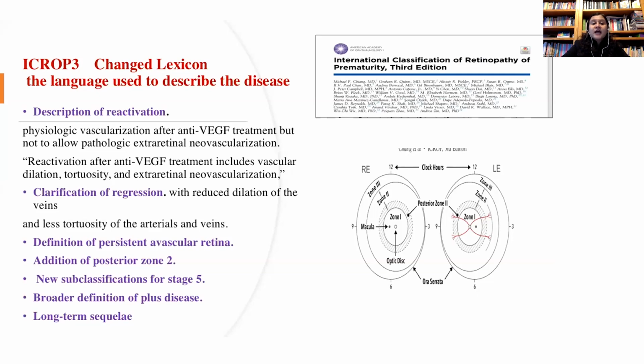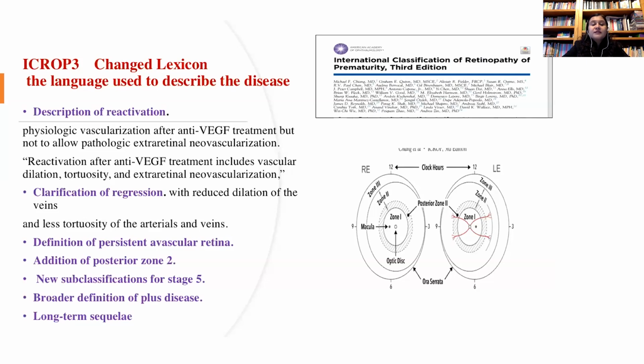Reactivation after anti-VEGF includes vascular dilatation, tortuosity, and extraretinal neovascularization. Clarification of regression includes reduced dilatation of veins and less tortuosity of arterioles and veins. There is a definition of persistent avascular retina, or PAR, and there is the addition of a posterior zone 2, which is just outside zone 1.